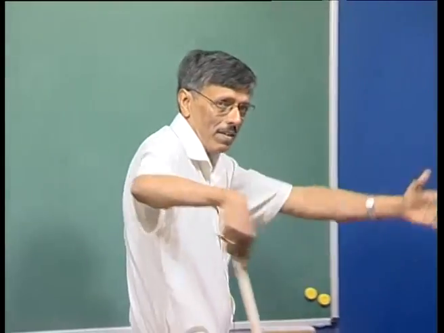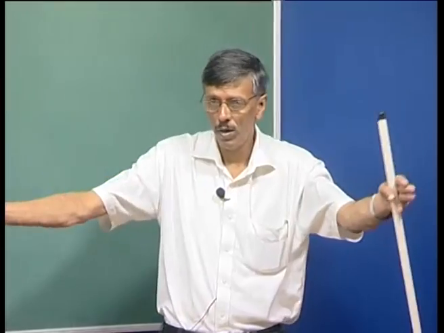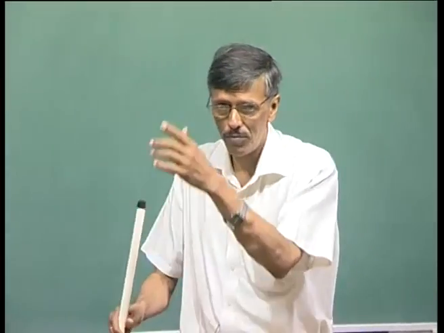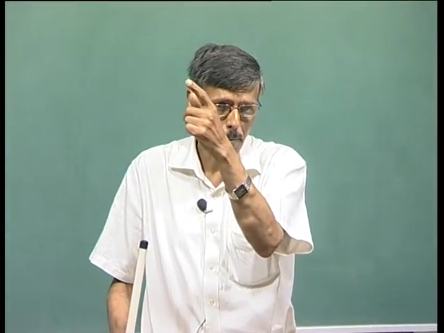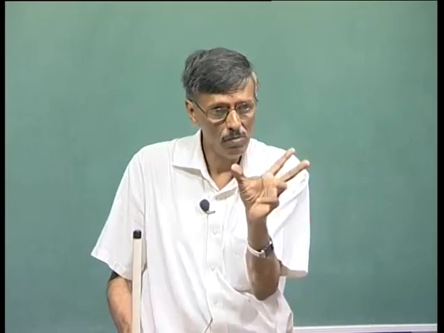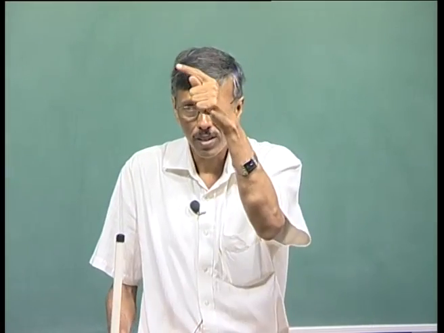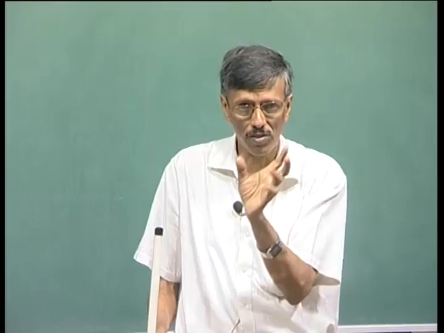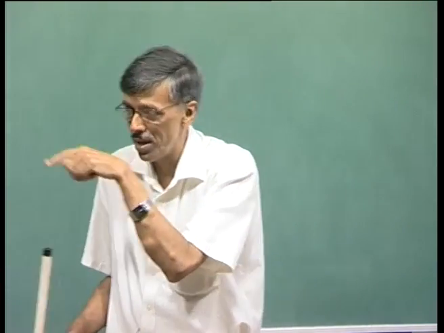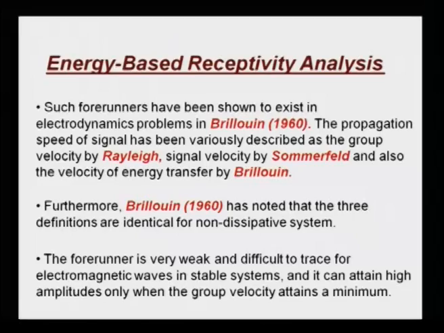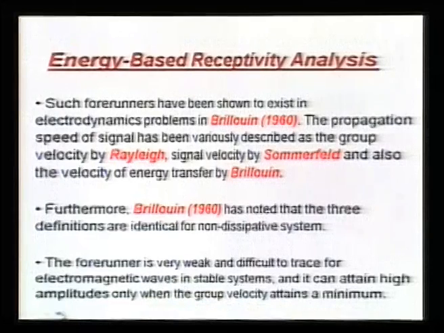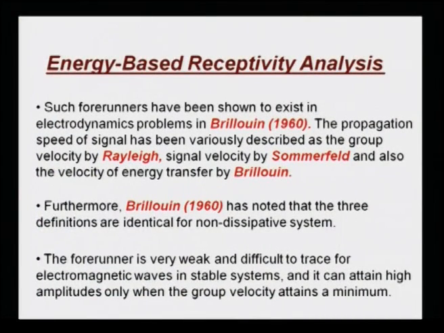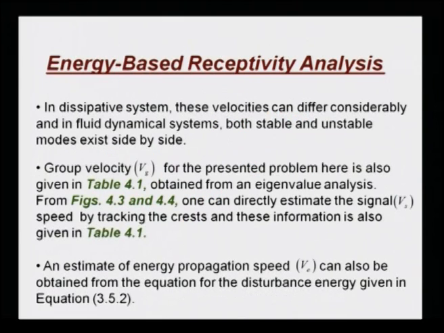So, you will have a bandwidth, and if you plot the group velocity versus the wave number range, then if you have a minimum of the group velocity in that range, it will be around there. You should get to see some kind of high amplitude. We have not pursued it, so it is just for your consumption. I just lay out this fact.